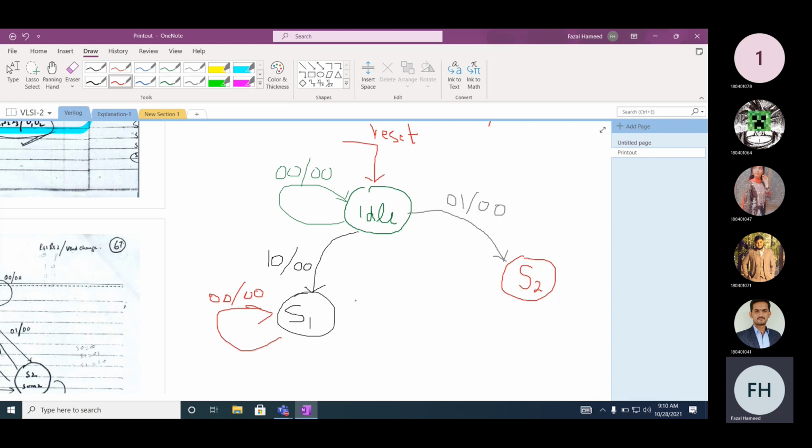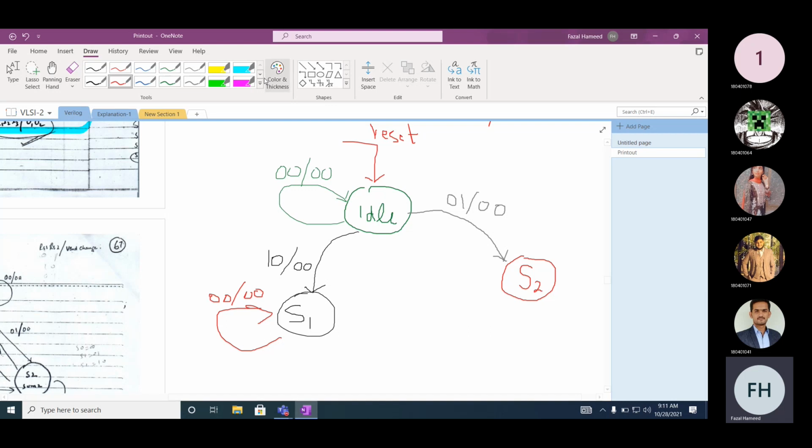Very good. Then where should I make a transition? Because why are you defining an extra state? Yes. You can go directly to the idle state.